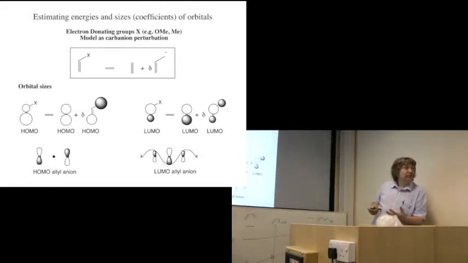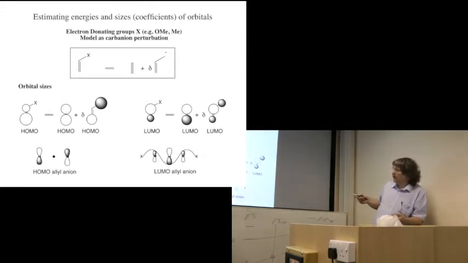This sort of fits with your experience, because if this was an O-methoxy or even a methyl group, you say, where's it going to protonate? Hopefully all of you would say, it's going to protonate on the end to leave the carbocation in that position. Well, you would have explained it by saying the carbocation is more stable in that position. But another way of explaining it, which is more accurate in many cases, is to say the coefficient of the HOMO is bigger on the end, and therefore that's where the proton's going to go.